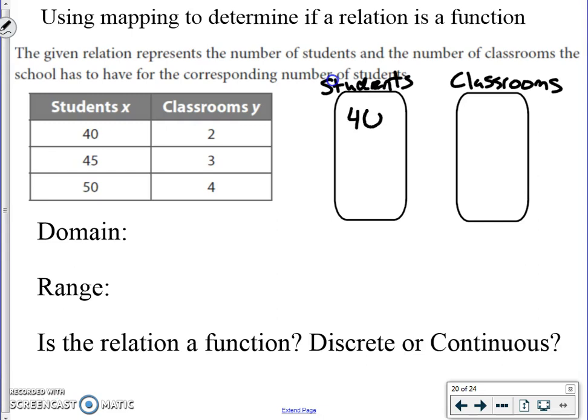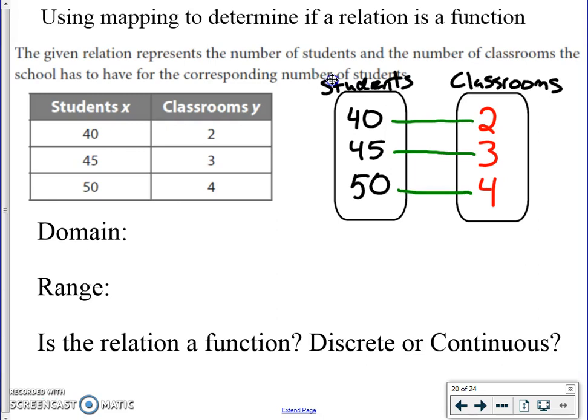So we're going to have 40, 45, and 50. Our classrooms, we have 2, 3, and 4. 40 students relates to 2 classrooms, 45 students to 3 classrooms, and 50 to 4 classrooms.